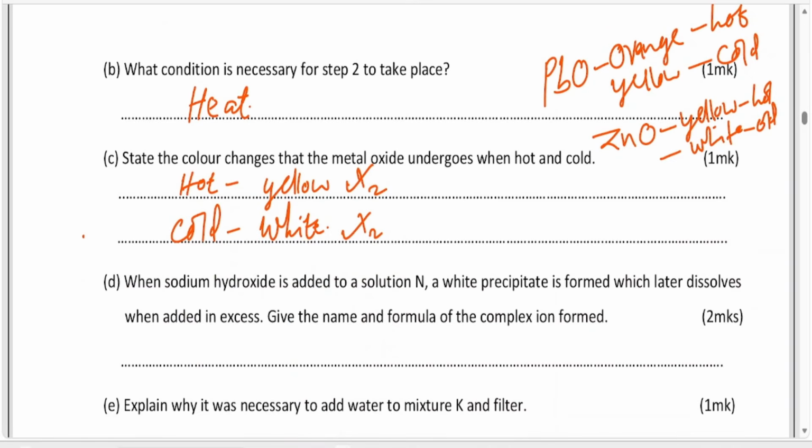When sodium hydroxide is added to a solution N, a white precipitate is formed, which later dissolves when added in excess. Give the name and formula of the complex ion formed.